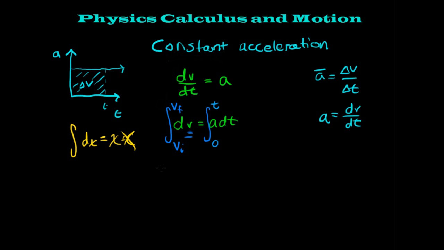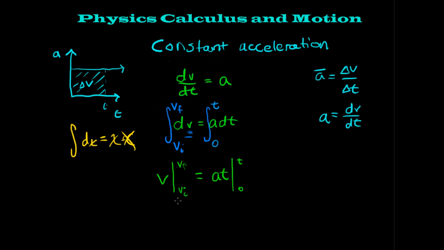So what we have is v, evaluated at v final and v initial, and that's going to be equal to at, because a is a constant, so we treat it like a number, and we do the same thing with dt. You integrate it and you get t, so at. And we're evaluating this at t and 0.